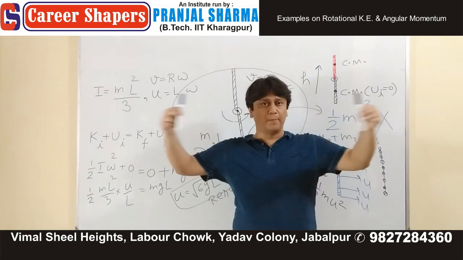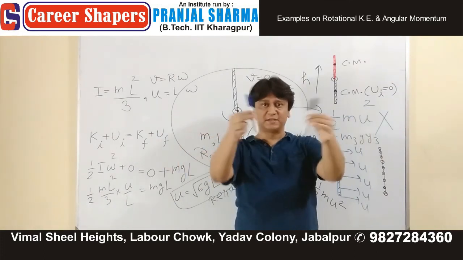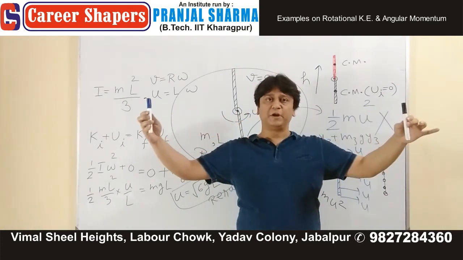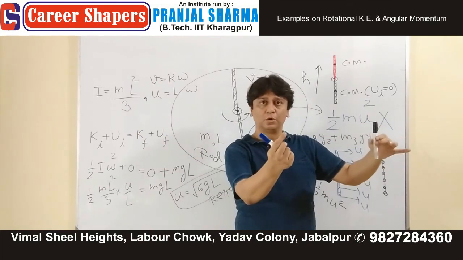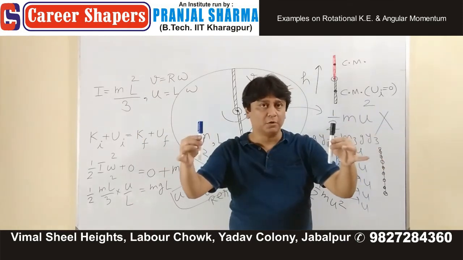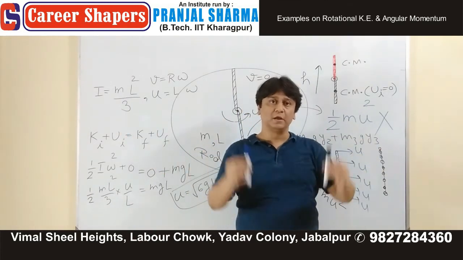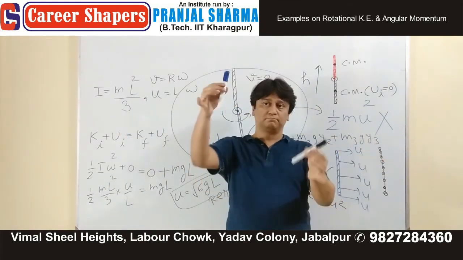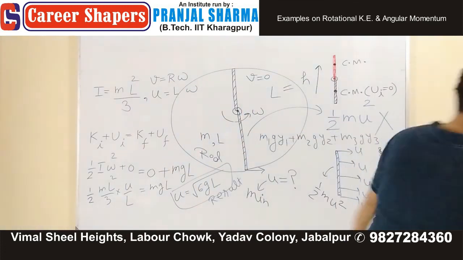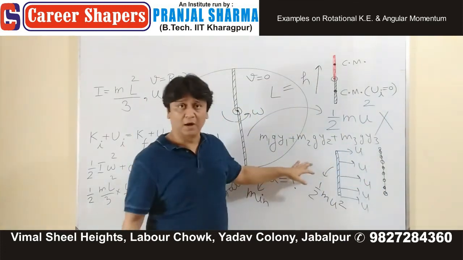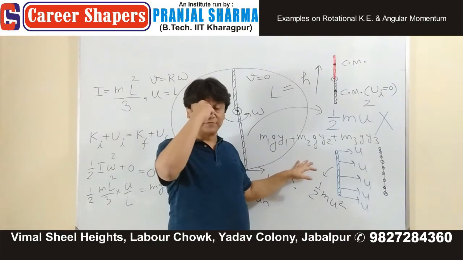They are moving in opposite directions with the same speed, same mass. What is the speed of the center of mass? 0. But is kinetic energy 0? No. Half mu square, a scalar quantity. So for bodies, if kinetic energy is required, we do not go for the concept of center of mass.